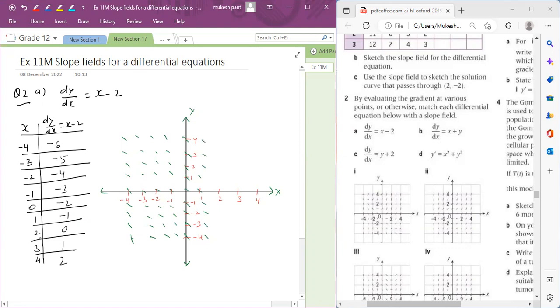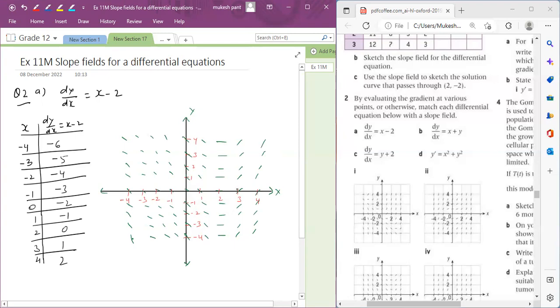When x equals 2, the gradient is 0, so draw flat lines at all these points along x equals 2. Then for x equals 3 the gradient is 1, so positive slopes. For x equals 4, the gradient is 2, so positive again.